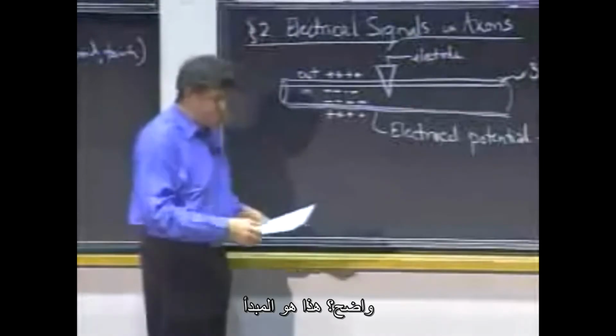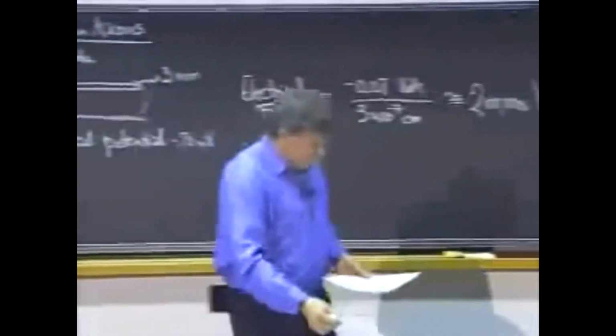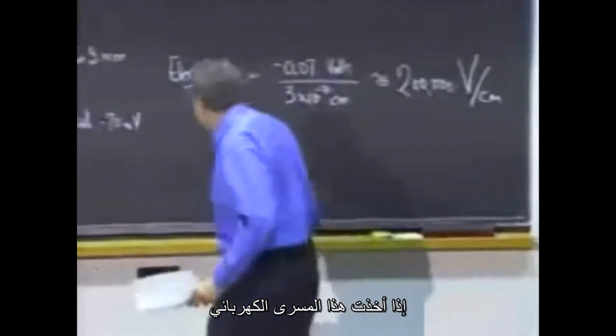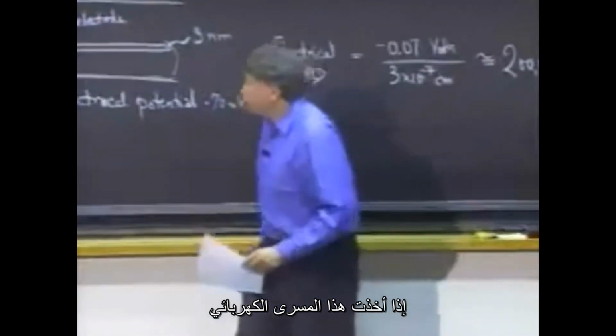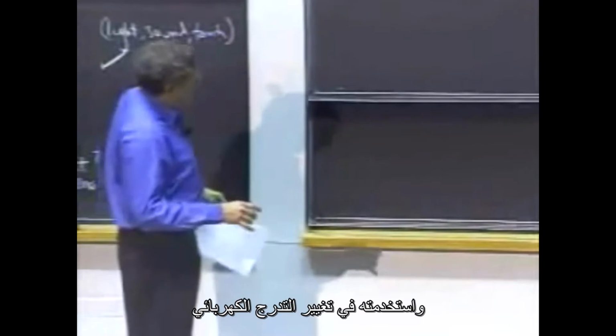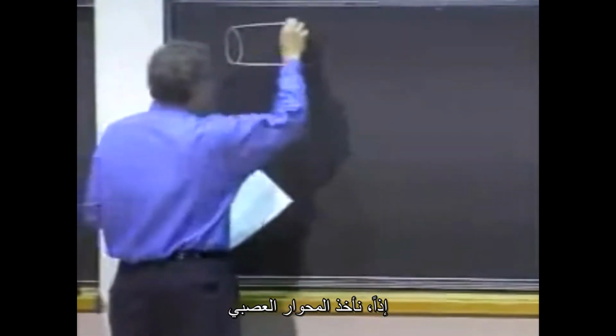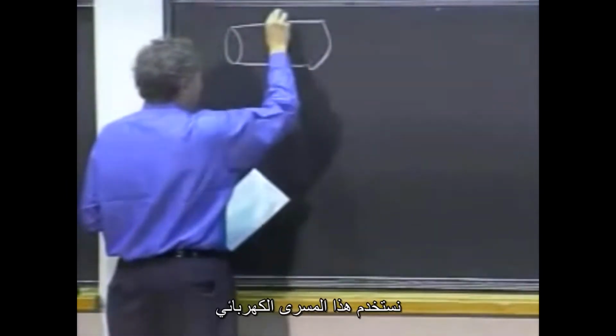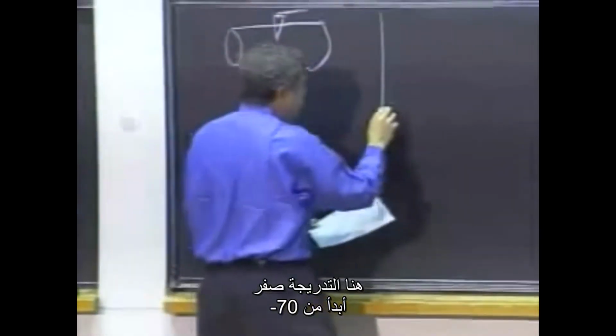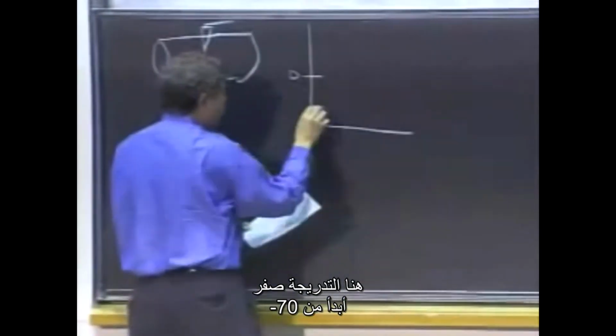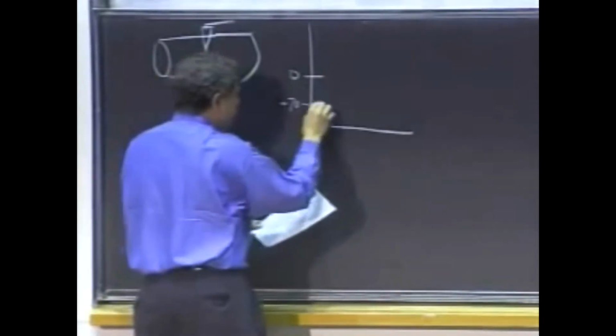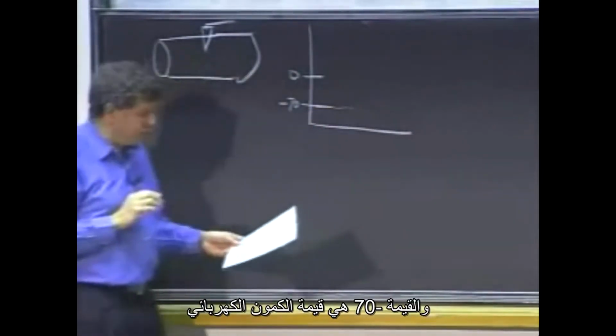Okay? That's the principle. Now, it turns out that if you take this electrode and use it to change the electrical gradient, what you will get is the following bizarre and fascinating behavior. I take my axon here, I use this, and I start off here at 0, at minus 70, this is the electrical potential.